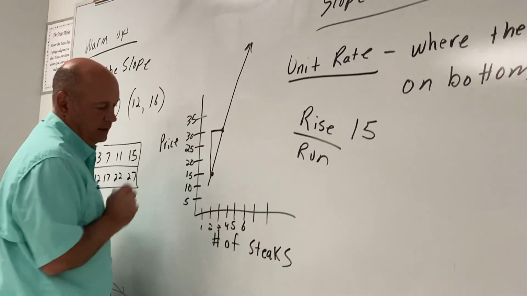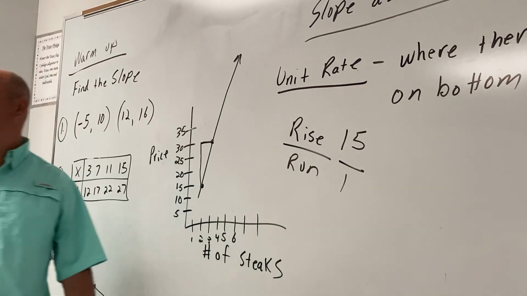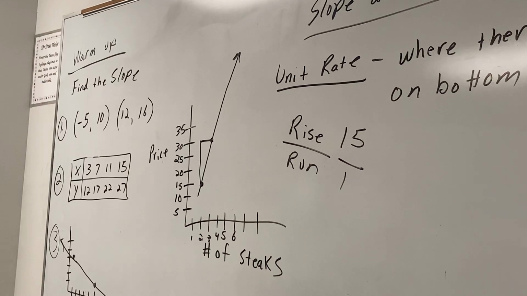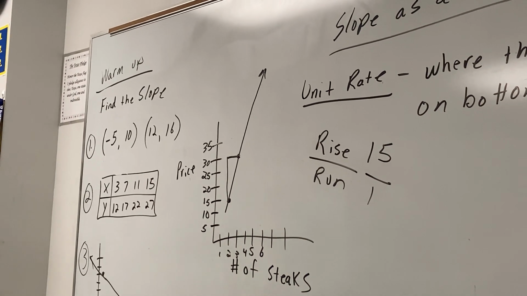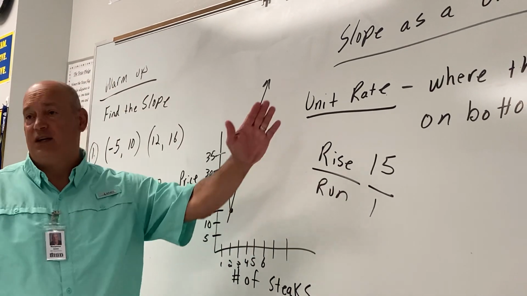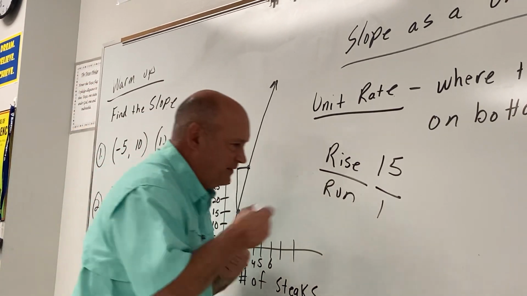How much did it run? 1 steak. Ooh, sweet. When I found the slope on this one, it automatically is a unit rate. I don't have to reduce this one in the calculator. Are you with me? Sometimes the slope that you do find is already a unit rate. So what does this unit rate tell me? 1 steak is $15.